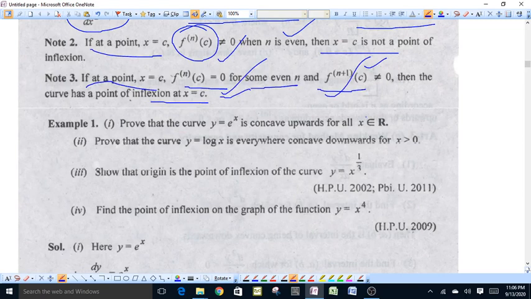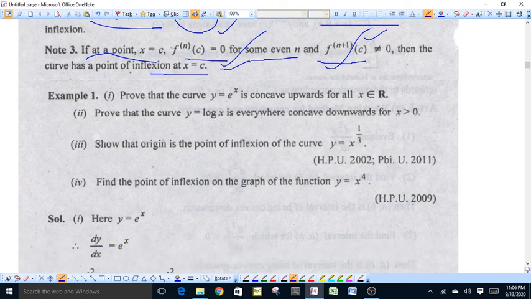Let us take some examples to show the curve to be concave upward or concave downward, or to find the intervals for which a given curve is concave upward or concave downward. Suppose that we have a curve y = e^x.